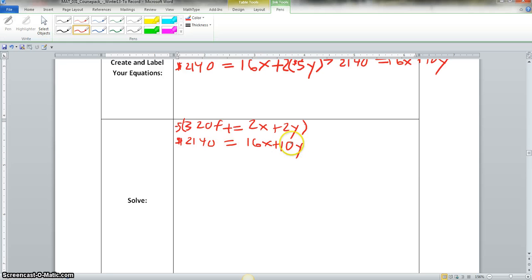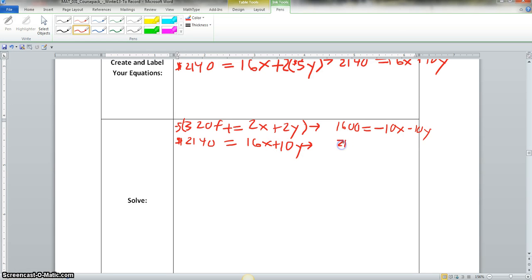And down here, since we already have a 10, we don't need to rewrite. We don't need to multiply this bottom equation. So negative 5 times 320 will give us negative 1600, and is equal to negative 5 times 2x, which would be negative 10x, and negative 5 times 2y is negative 10y.